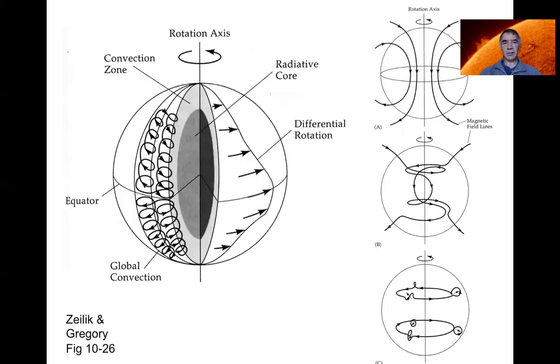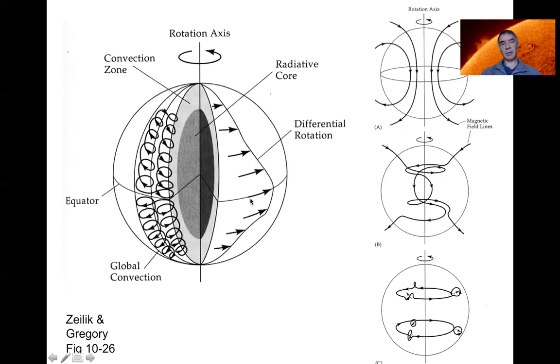So I've got a few diagrams here attempting to explain this. It is rather complex, difficult to visualize a little bit. So let's start on the left-hand diagram here. Again, this is from the old textbook. Imagine starting with a magnetic field line going vertically along the rotation axis of the sun. But as we've seen, you've got differential rotation.